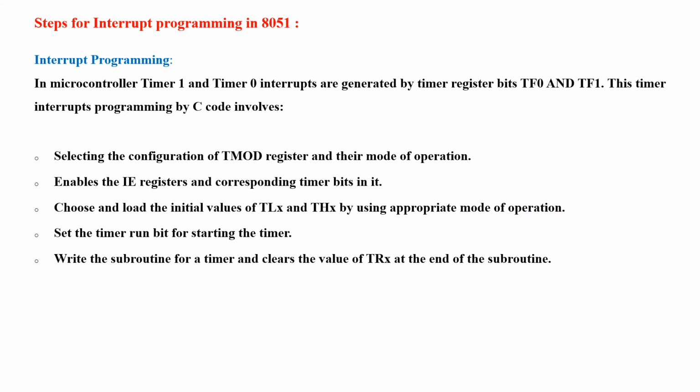Let's see the steps for interrupt control programming. In the microcontroller, timer 1 and timer 0 interrupts are generated by timer register bits TF0 and TF1. Timer interrupt programming in C involves these steps. First, select the configuration of the TMOD register and the mode of operation.